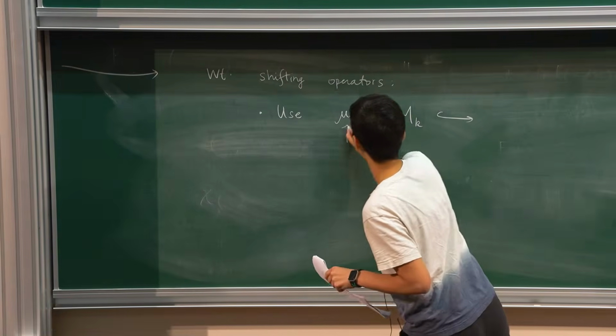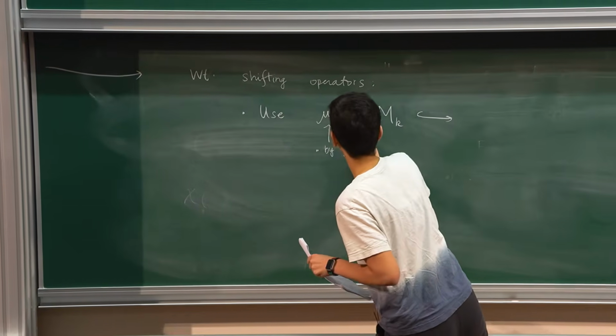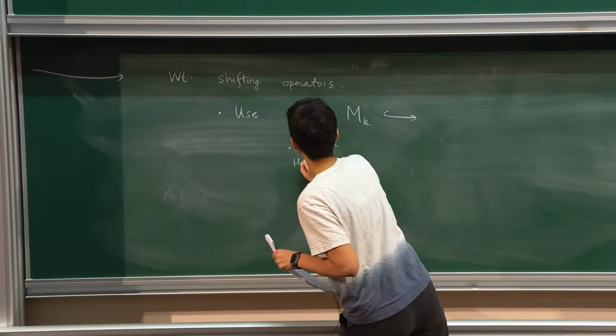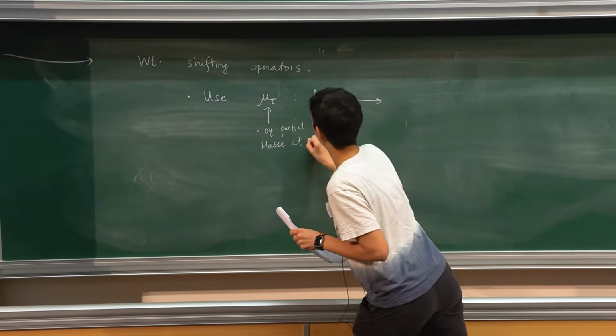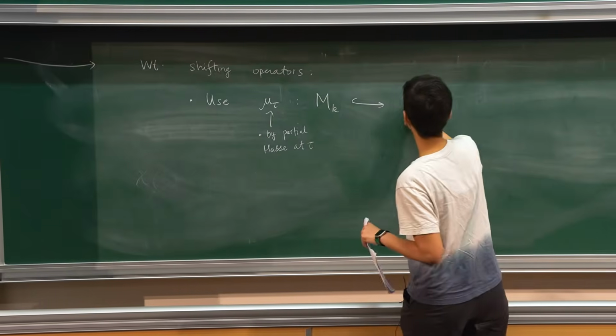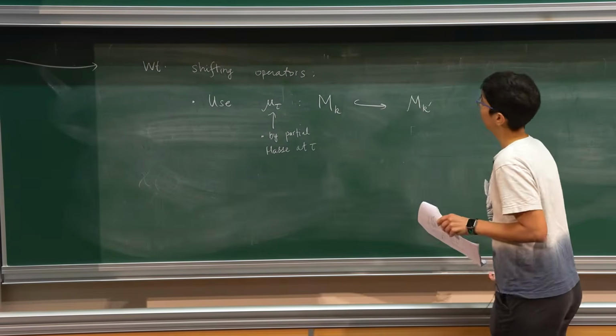So this is multiplication by partial Hasse at tau. Right, so it gives us an injective map into a modified weight.